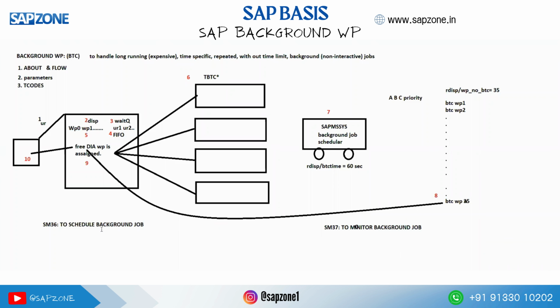When you go to the SM36 transaction, it will ask for some required details. Now the next side heading is the required details to schedule a job. This is a very important interview question. 1, the job name; 2, the job class; 3, the program used in this job; 4, the variant; 5, time.